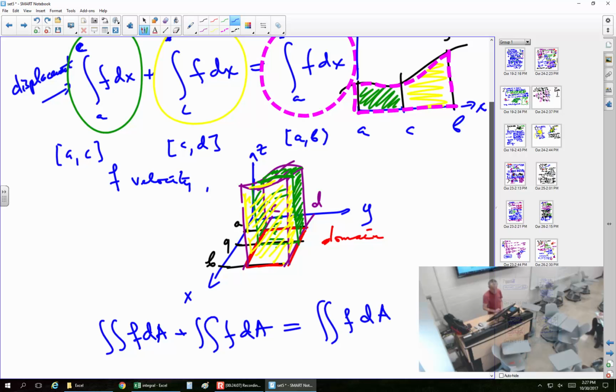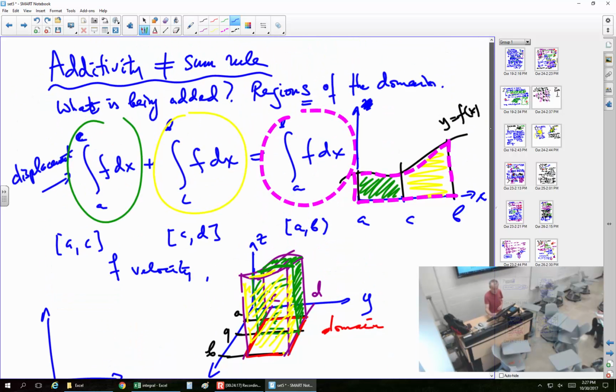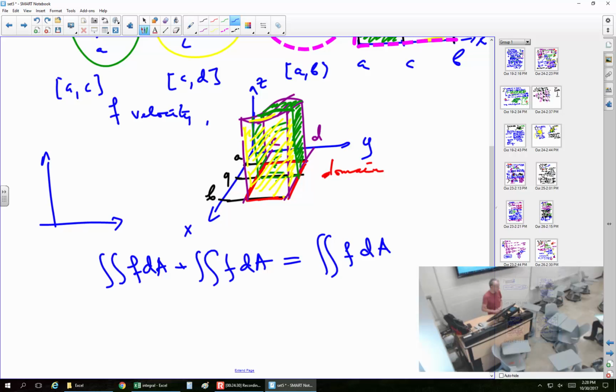Okay, and it's really not about this picture, which is slightly too complicated. It's really about carefully adding the domains. Additivity rule, which means regions of the domain and the integrals themselves. So adding domains means adding the volumes above them, as long as there is no overlap.